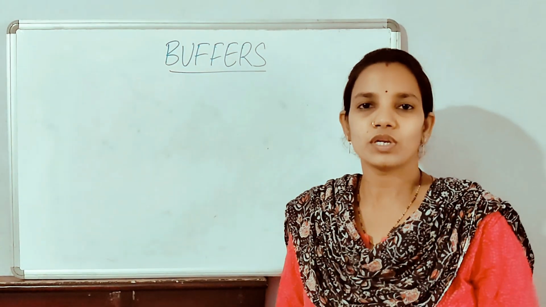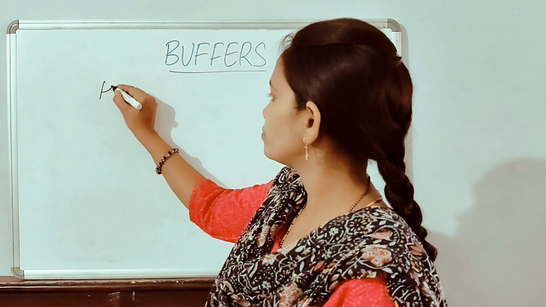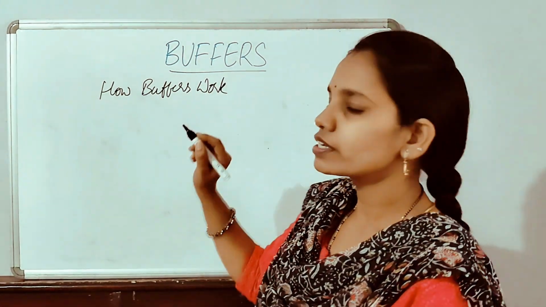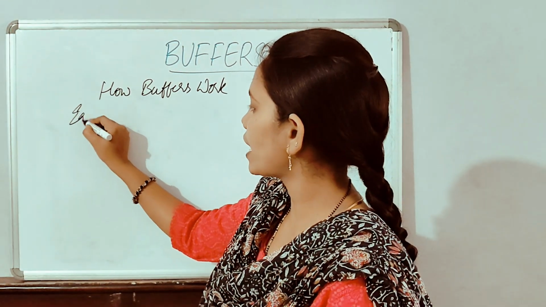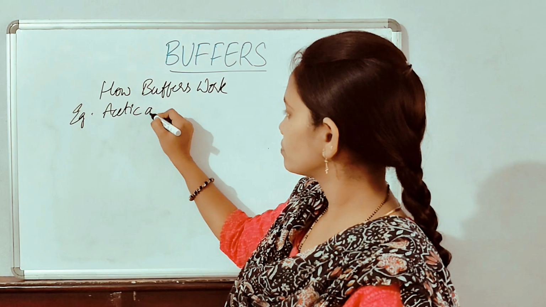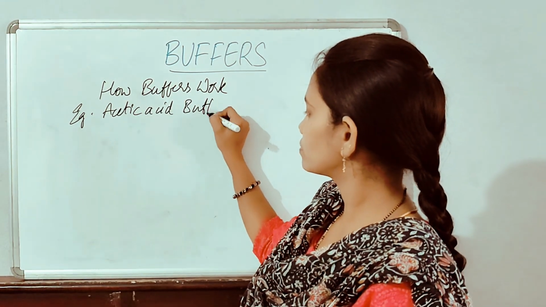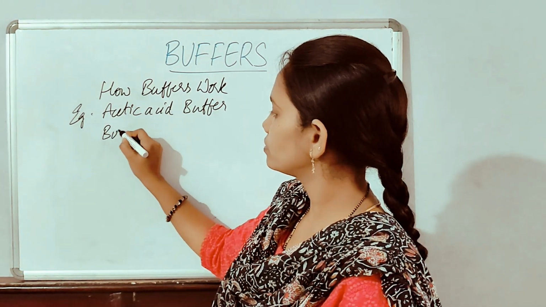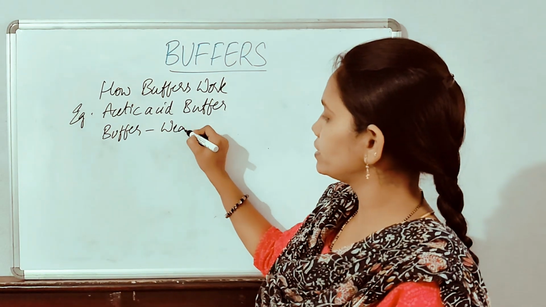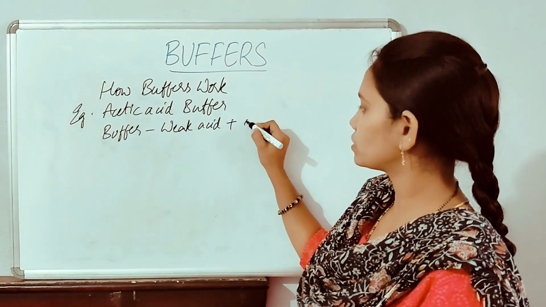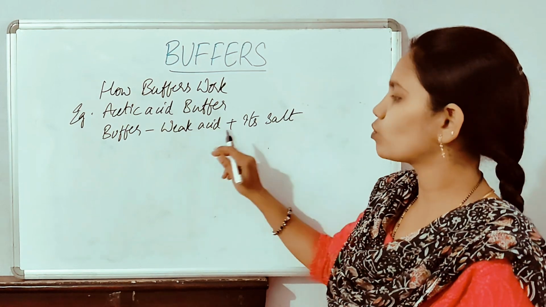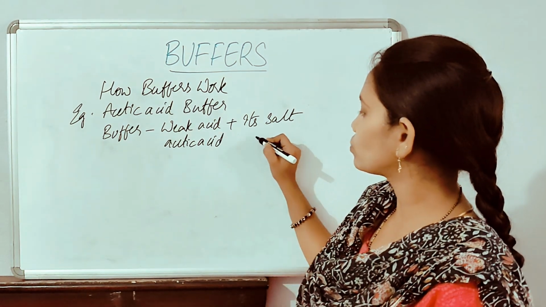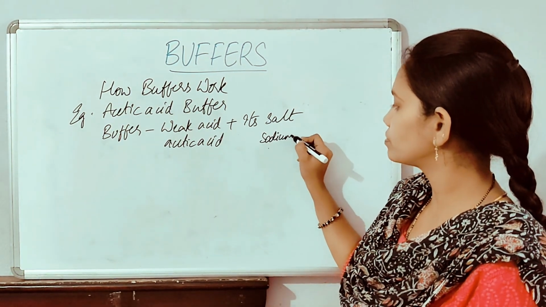Now let's learn about how buffers work. Here we are taking the example of an acetic acid buffer. This buffer contains a weak acid and its salt. Here what is the weak acid? Acetic acid, and the salt is sodium acetate.